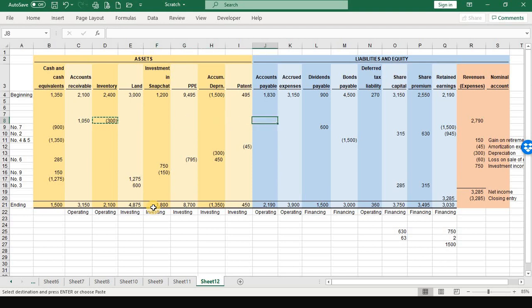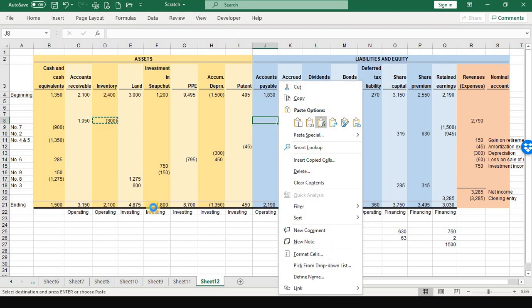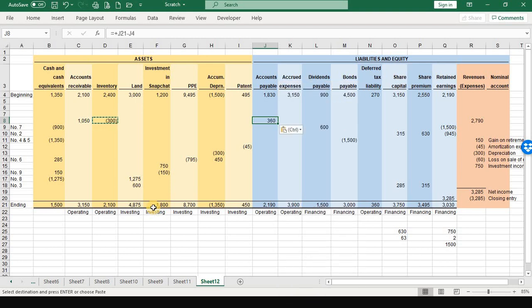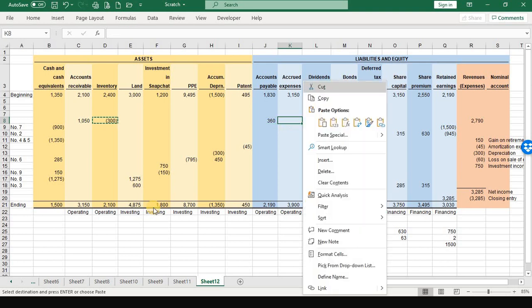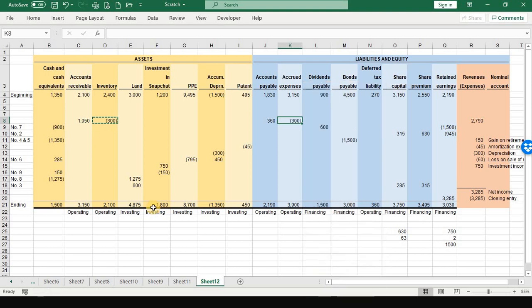Now, let's go to accounts payable. The ending is 2,190 and the beginning is 1,830. It means there is an increase of 360. For accrued expenses that has an ending balance of 3,900 and beginning balance of 3,150, it means that there is an increase of 750 pesos.